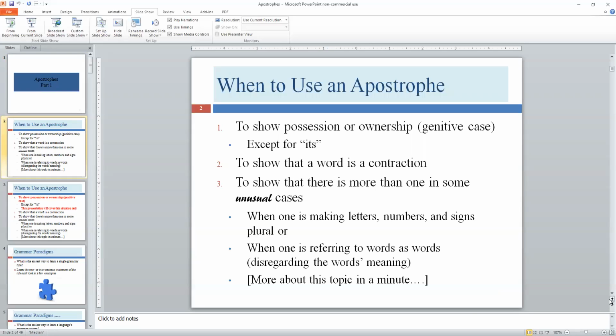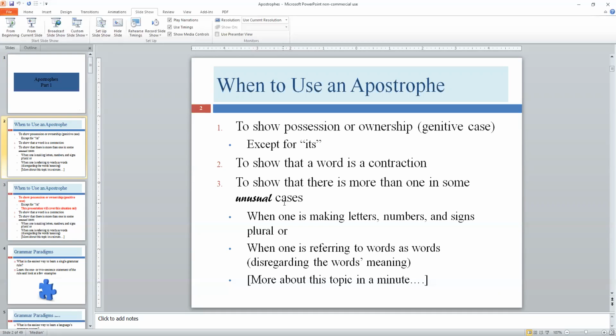Reason number 3, which we'll talk about in the second series of lectures, is the one area where it's kind of optional. You don't have to always use an apostrophe in this situation. And I will also say that people who do use apostrophes in this situation, or who consider this a reason for using apostrophes, sometimes stumble into a problem of using apostrophes, not just in these unusual cases, which we'll talk about, but in additional situations.